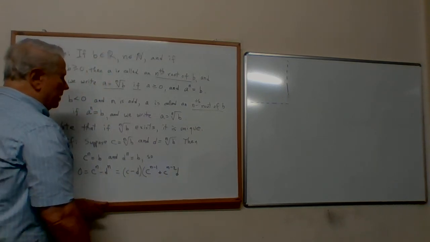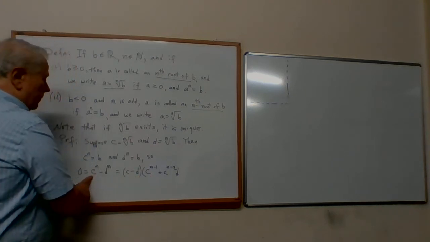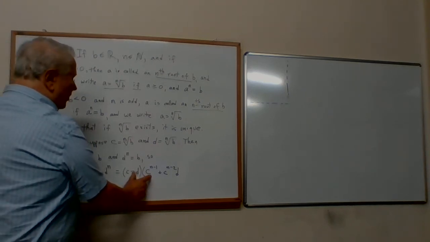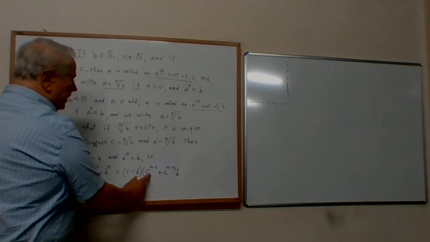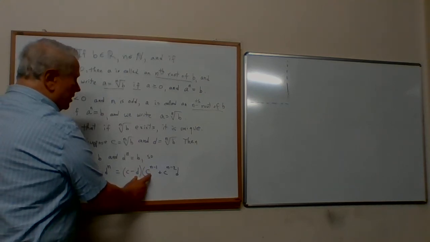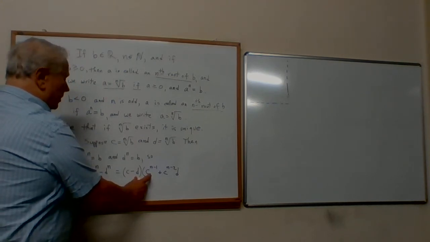See how I did that? So I've got c to the n, which I wanted, but I'm stuck with negative c to the n minus 1 times d, so I need a positive c to the n minus 1 times d to cancel it out, because that's not in here.